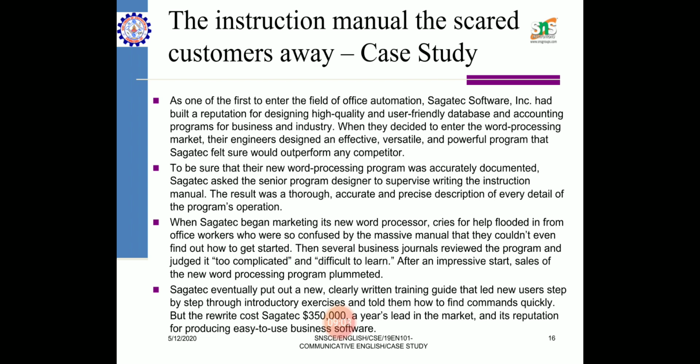But they had a problem in writing the instruction manual, that is, the design documentation. They did it in a very complicated manner which is not easily understandable by the readers or the users.